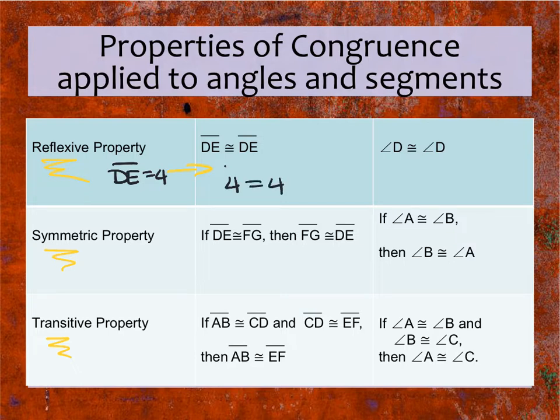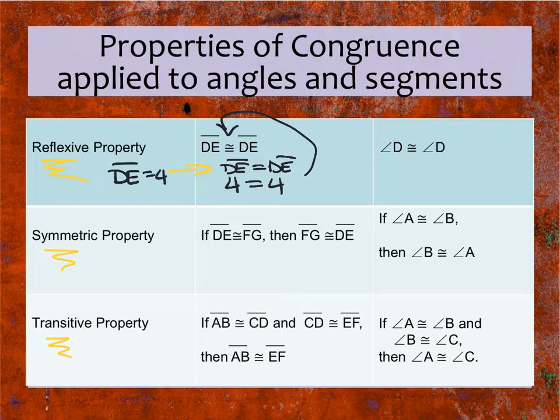Because if DE is 4 and I'm applying DE equals DE, then I'm talking measurements here. When I talk about the congruency symbol, that just tells me they're the same size. I don't care if they're 4 inches long, 10 inches long. I don't care about the measurement. I just need to know that they're the same size. So that's the difference between the equal sign and the congruent symbol. Does that make sense?